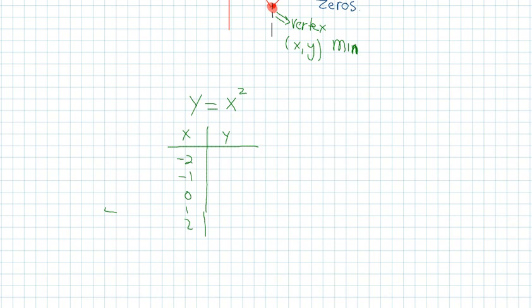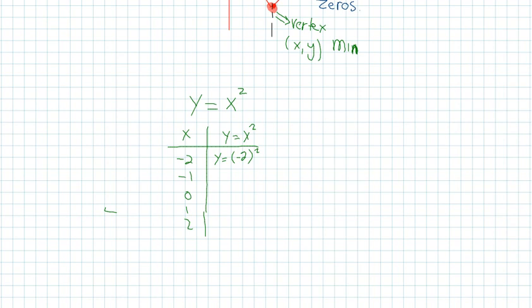Let's find the y values. What do I do? y equals negative 2, in brackets, squared. So I replace the x value with negative 2. So what's negative 2 squared?